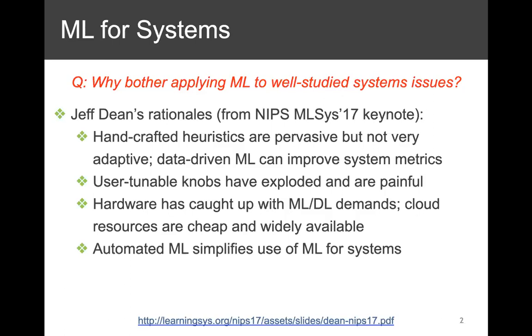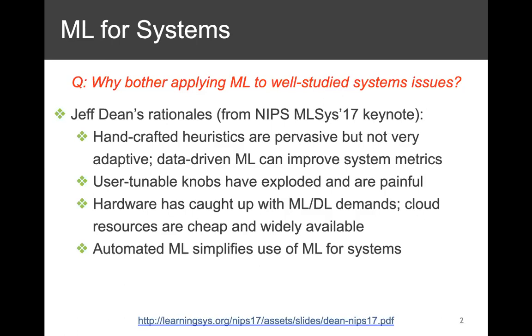And last thing is machine learning algorithmics has also evolved. Automated ML procedures, AutoML heuristics that I mentioned in the last topic, are also enabling ML to be used by system developers. Okay, so then system developers do not need a PhD in ML to understand how to use ML for systems. Okay, so it's a perfect storm of all these issues.